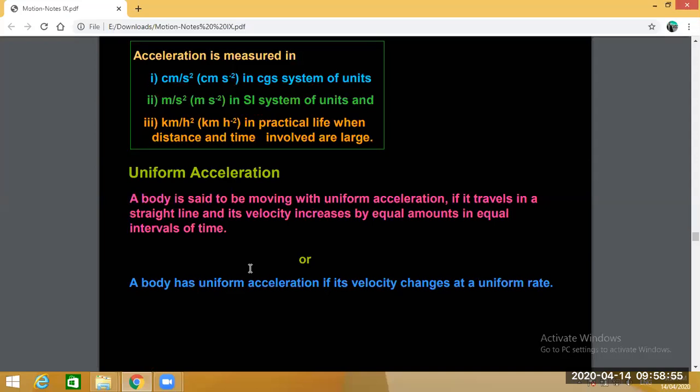The negative aspect of acceleration is deceleration. Deceleration causes retardation, that is, a decrease in velocity of the body. When you apply the brake, the velocity of the object starts decreasing. In that case, acceleration can be called deceleration or retardation. Negative acceleration is called retardation.